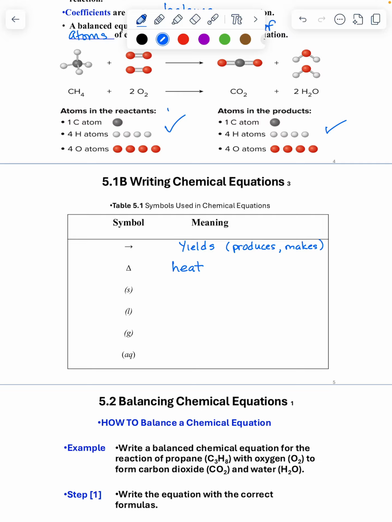The lowercase s in parentheses refers to the fact that the compound it is describing is a solid. The L stands for liquid. The G stands for gas. And then lastly, AQ stands for aqueous, which means dissolved in water.